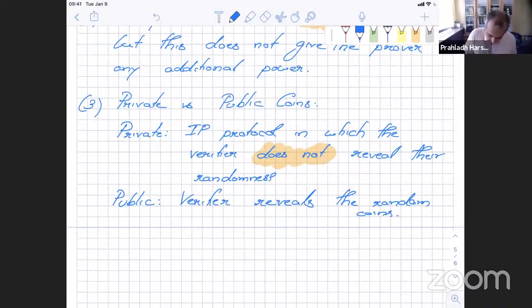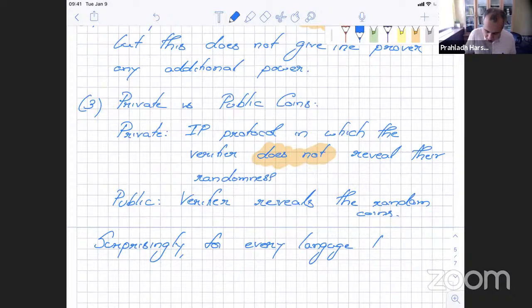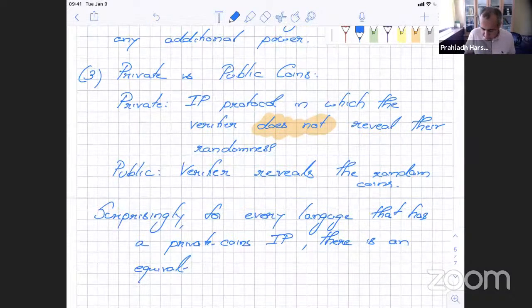But the surprising thing over here is that, surprisingly, for every language that has a private coins IP protocol, there is an equivalent public coins protocol.